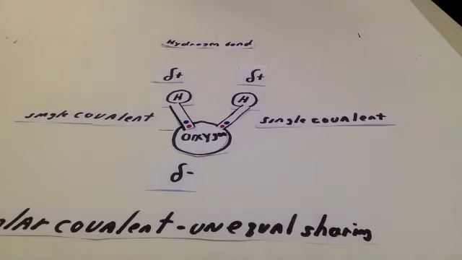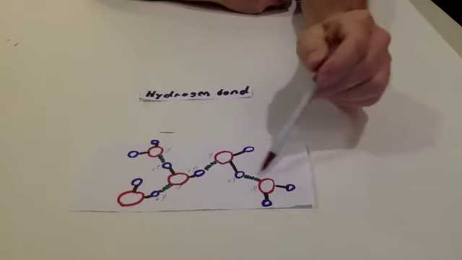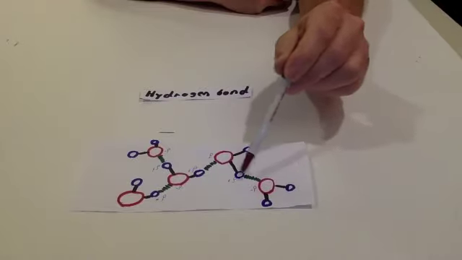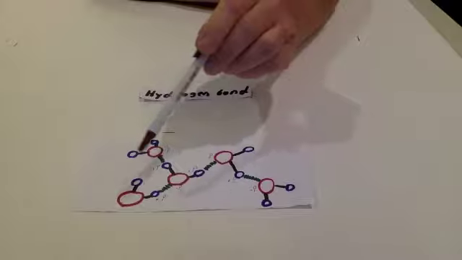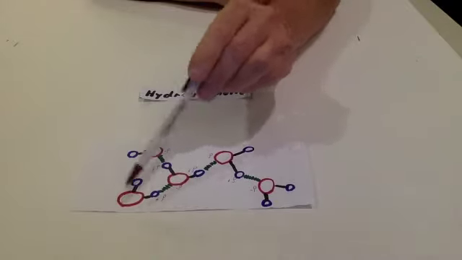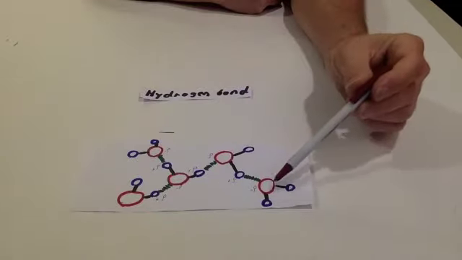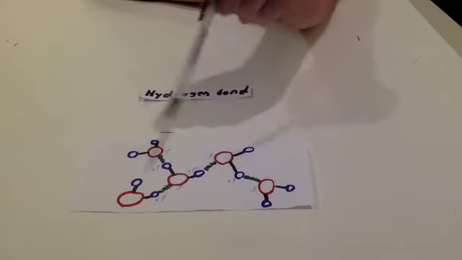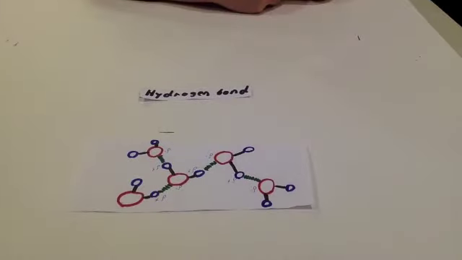So let's take a look at hydrogen bonds. Here we have a water molecule next to another water molecule, next to another water molecule, next to another water molecule, next to another water molecule. So we have 1, 2, 3, 4, 5 water molecules.